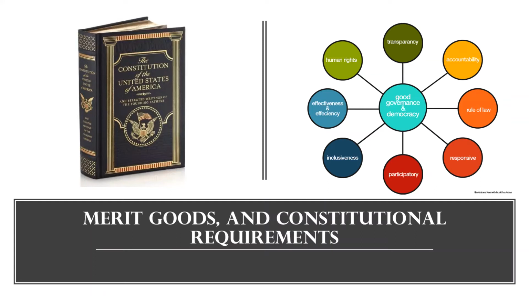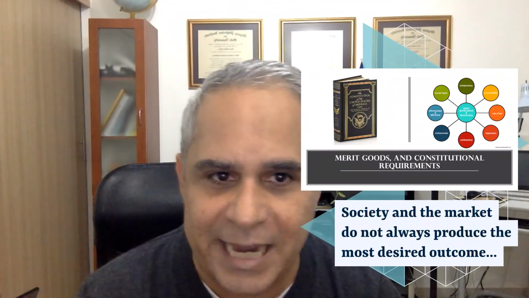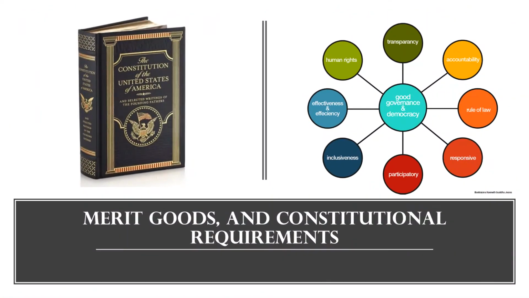And so when you have something like participatory democracy or inclusiveness or human rights, we can all agree that these are public goods. We all want more of these. Think about something like the rule of law, or transparency, and how transparency is non-excludable and non-rival.